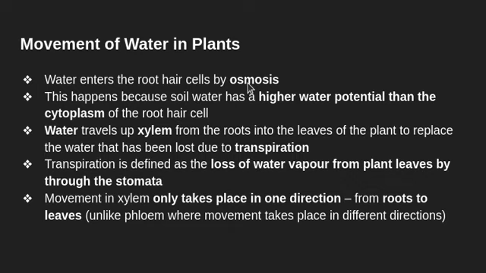So we're now seeing osmosis taking place, and the xylem helping out in carrying the water from the roots to the leaves, right? Transpiration is defined as the loss of water vapor from plant leaves through the stomata, right? Movement in xylem, this is the point to note again. Movement of water in the xylem only takes place in one direction, that is from the roots to the leaves. This is unlike the phloem where the movement is bidirectional. It can go in different directions, right?